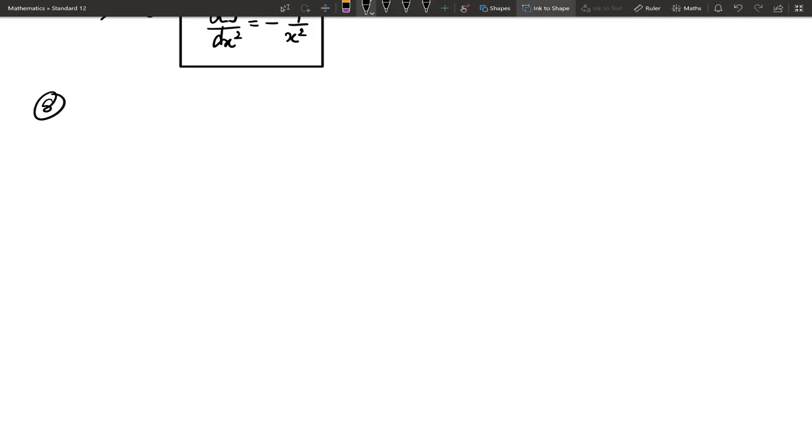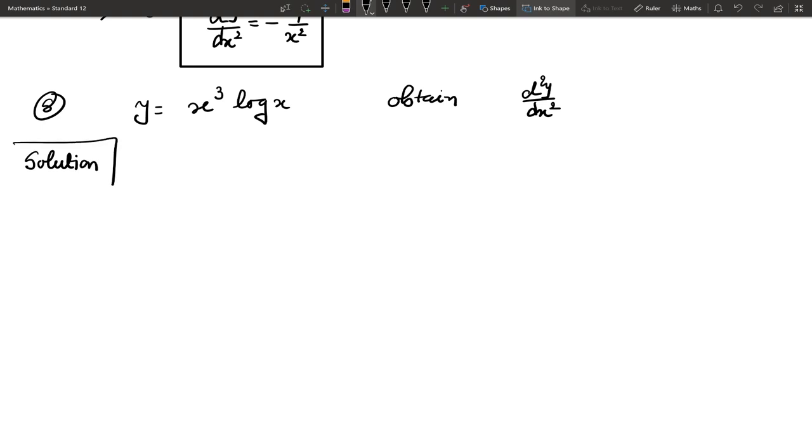Y equal to x cube into log x, obtain second order derivative.